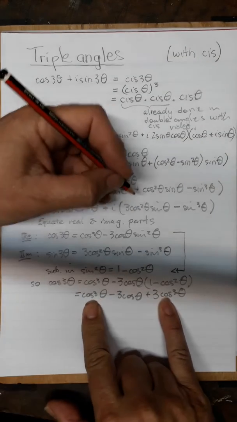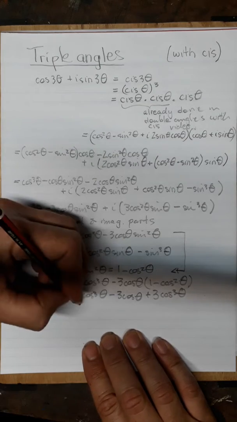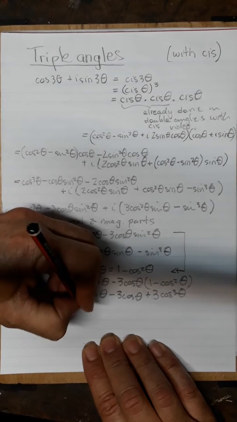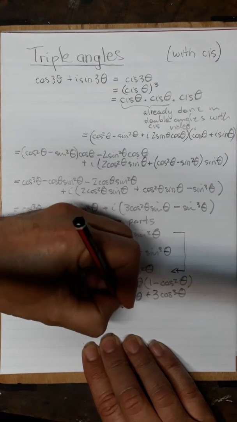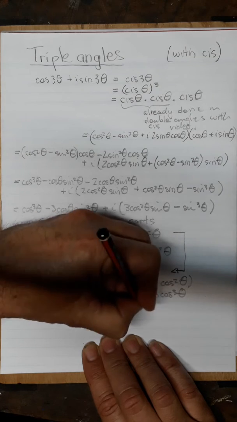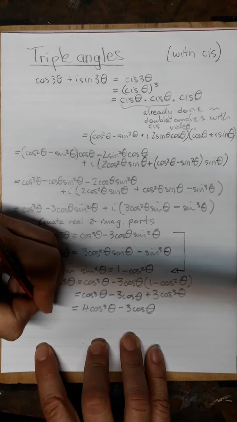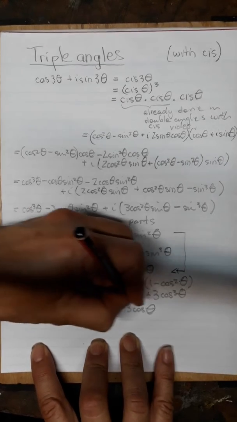We can put them together, so we actually end up with 4 lots of cos cubed theta minus 3 lots of cos theta. What a lovely equation.